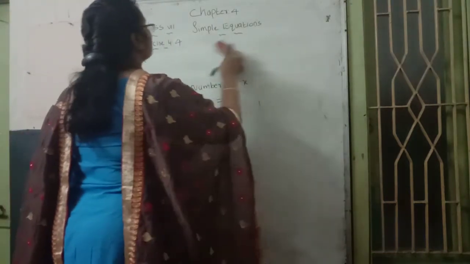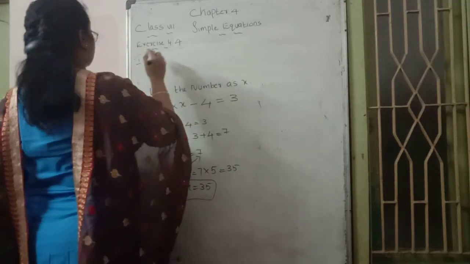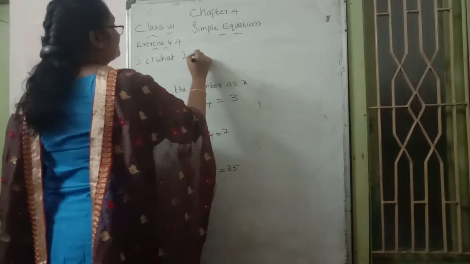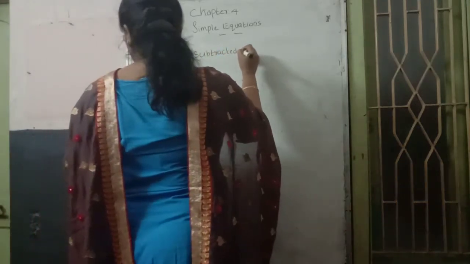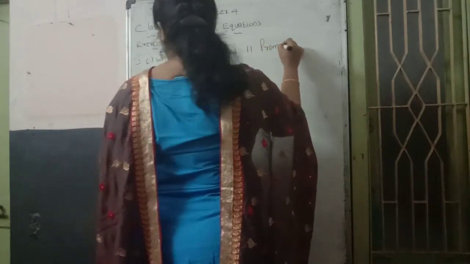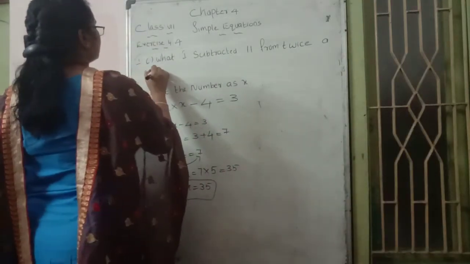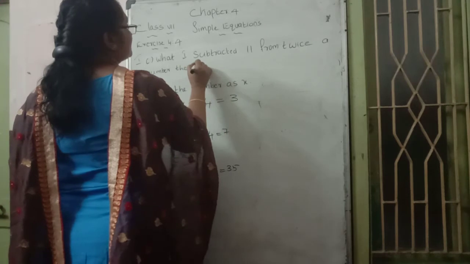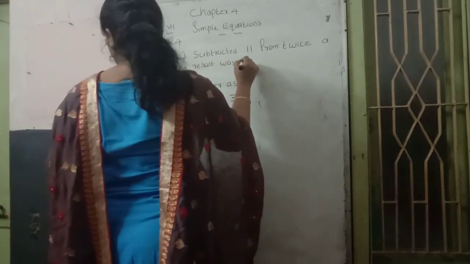The next, C question. Here also we want to frame: what I subtracted 11 from twice a number, the result was 15.